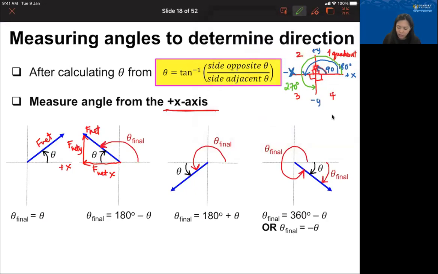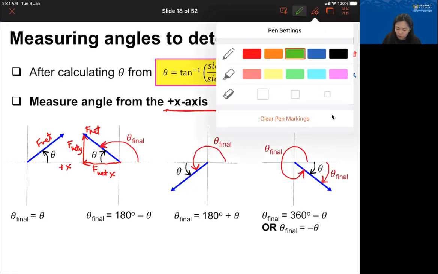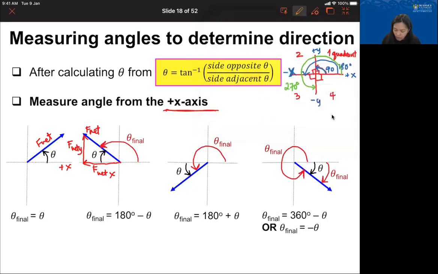So you have 90 degrees from positive x to positive y, plus another 90 degrees from positive y to negative x, and 90 degrees from negative x to negative y. So that's a total of 270 degrees altogether. And if you complete the circle, going from positive x and back to positive x, that's a 360 degree angle all around the circle.